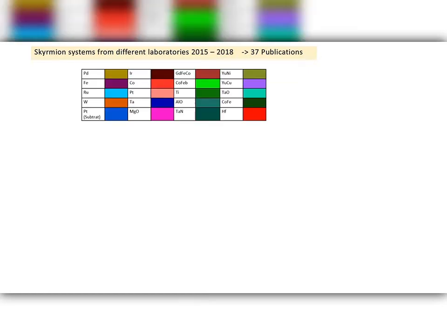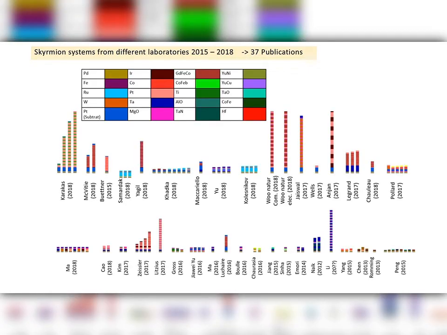We had to finalize a PhD in 2018 where one chapter was Skyrmion imaging, and it was hard to extract values of DMI, with contradicting results depending on the model. In this frame we looked at the Skyrmion systems published up to now, and we saw that each of these 37 publications has its own recipe for Skyrmion systems.